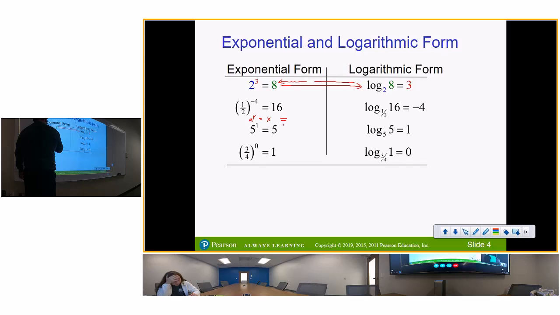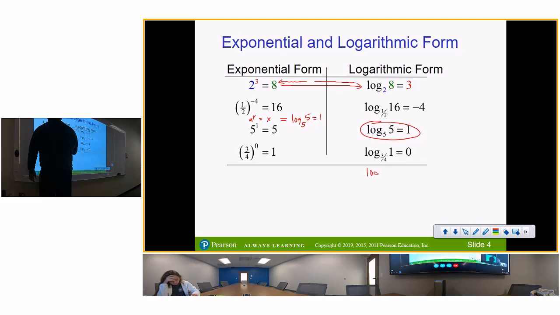So log base A of x is equal to 1. So that's what you should get over here. And you should be able to do, okay, this is log base A of x is equal to y, and I know it's A to the y is equal to x, okay?